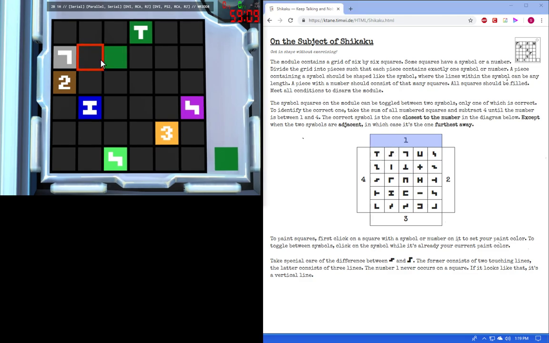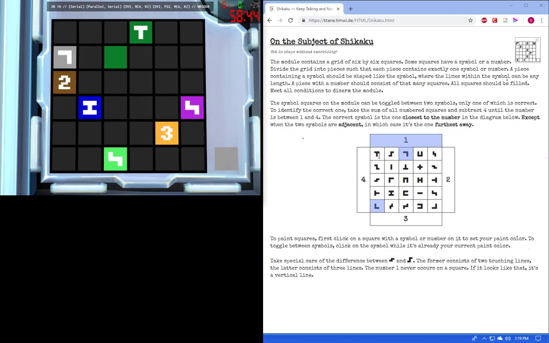Then I have a choice between an L in the top right or an L in the bottom left. So L in the top right, let's look for it, right there, and L in the bottom left, which is over there. In this case, you would choose L in the top right because that's closer to 1.